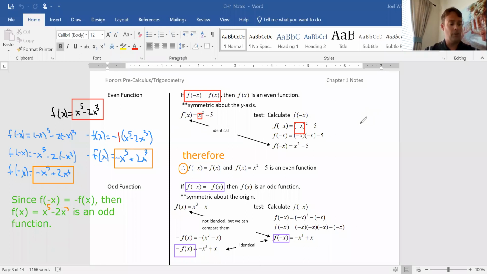So what if I give you the function f of x equals x squared plus x? And remember, this is the same thing as x squared plus x to the first, even though there's not an exponent of 1 written. What would happen on that one? Let's try. I plug a negative x in here.